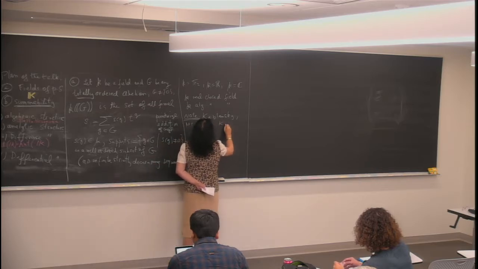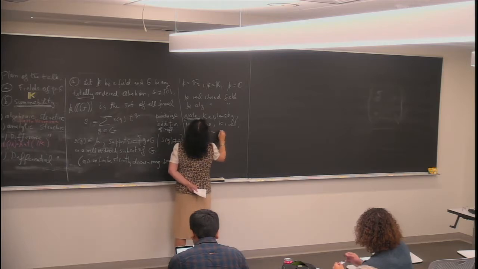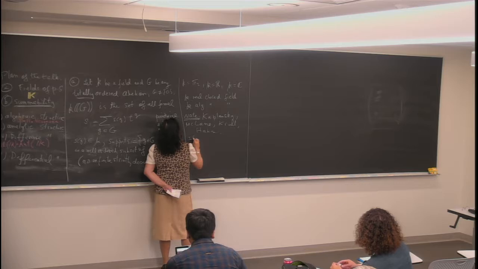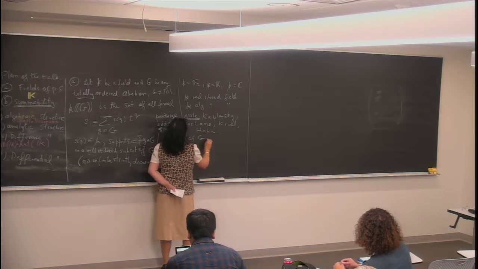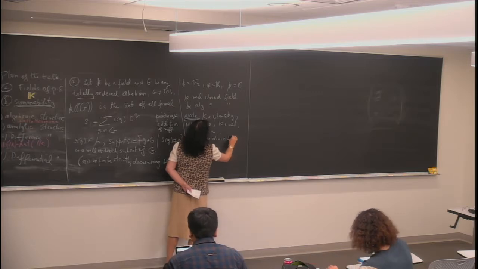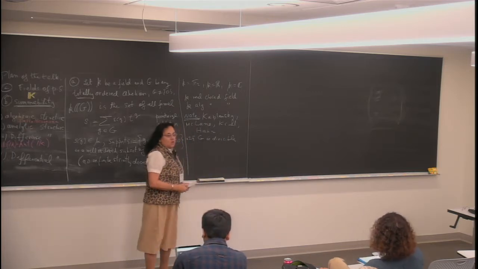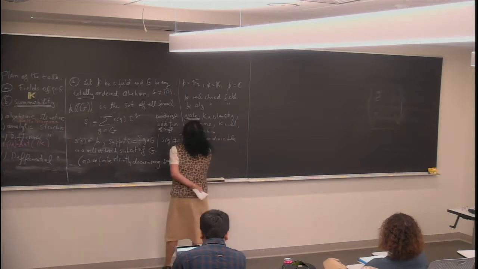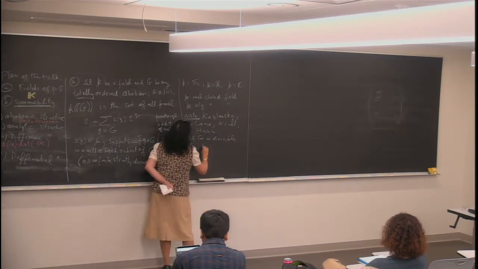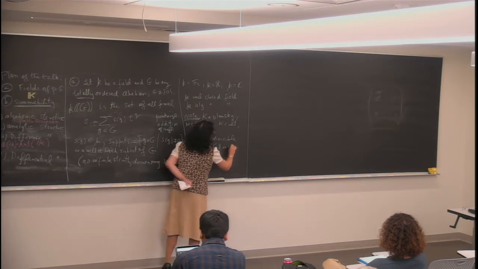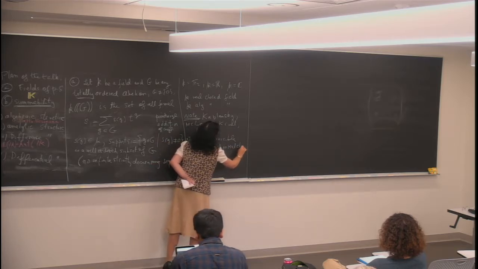But let me just say what I want to say here. If G is divisible, so if we take a divisible totally ordered abelian group, then R double bracket G is real closed, and C double bracket G is algebraically closed.